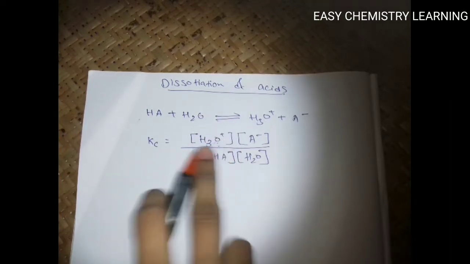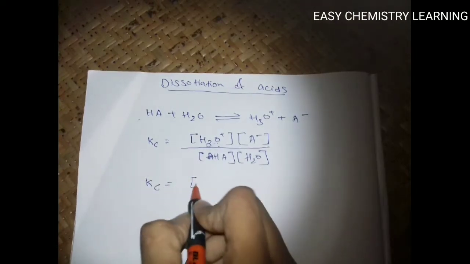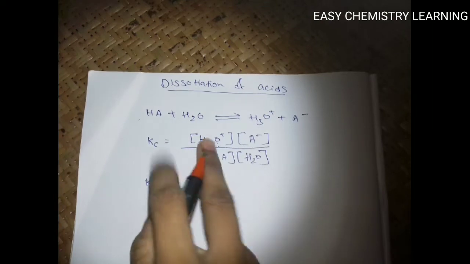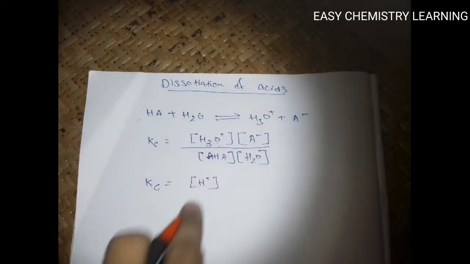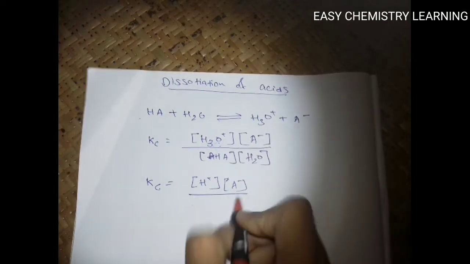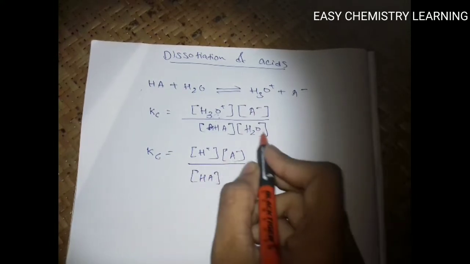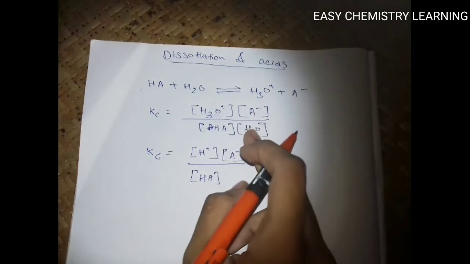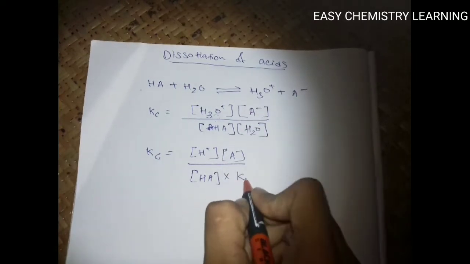So this equation can be written as Kc equals H+ ... and this H2O is present to a large extent, so it's also a constant.